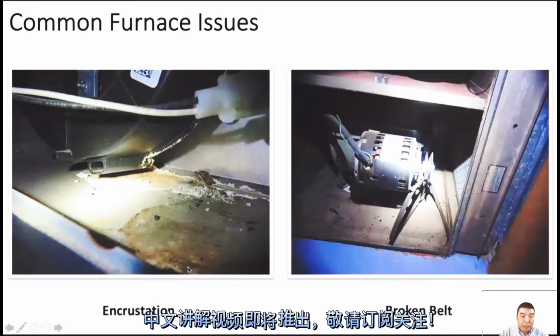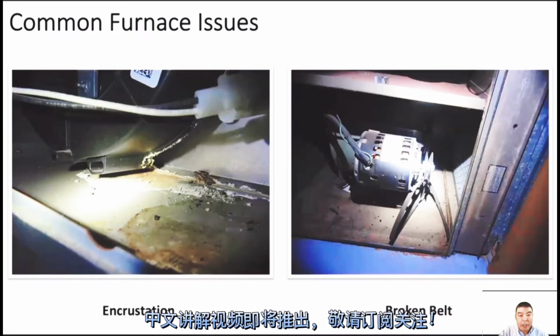For this one, we see some white scale, because the furnace exhaust normally has some acid inside.